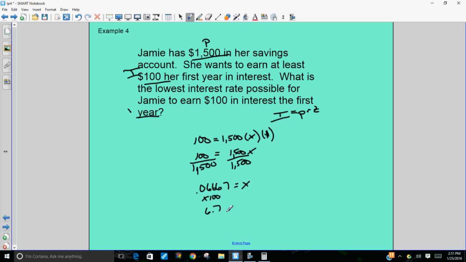That would round off to 6.7, and that's a 6.7% interest rate. That's what the X would equal, 6.7%. So that would be the interest rate. These are a bit different when they look for something other. That's why it's so important that we label what's in the problem.